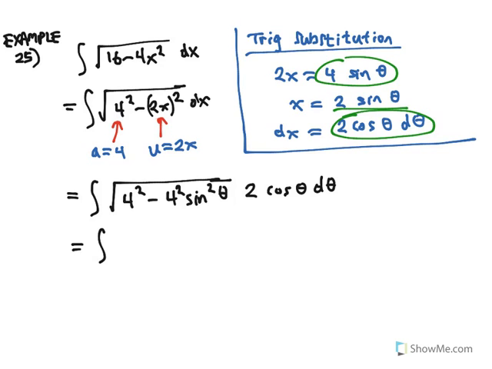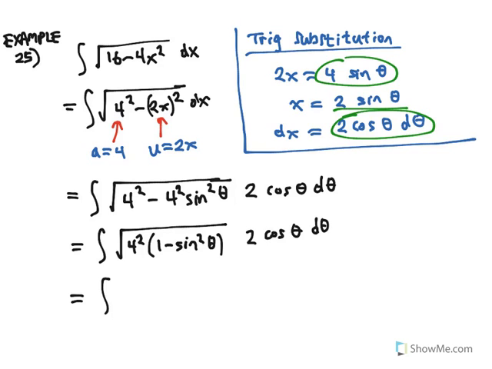One thing that you can see right away is that in the radicand, the two terms have a common factor of 4 squared. So I will factor out 4 squared from each term, and this is what we have. And then in the radicand, I have a product, so I have the square root of a product, and I can write that as a product of square roots.